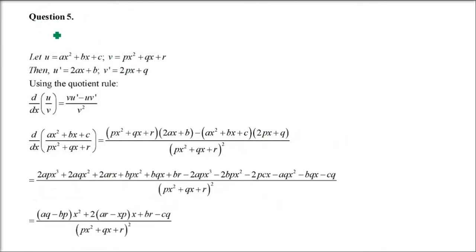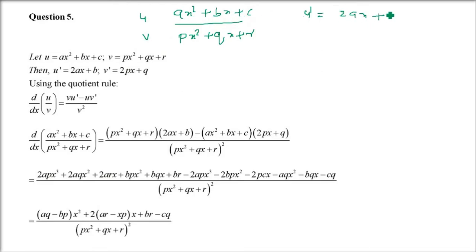Question number 5 here. So we have u by v. u by v is a x squared plus b x plus c by p x squared plus q x plus r. This is u, this is v. So u dash will be 2ax plus b, and v dash is 2px plus q.